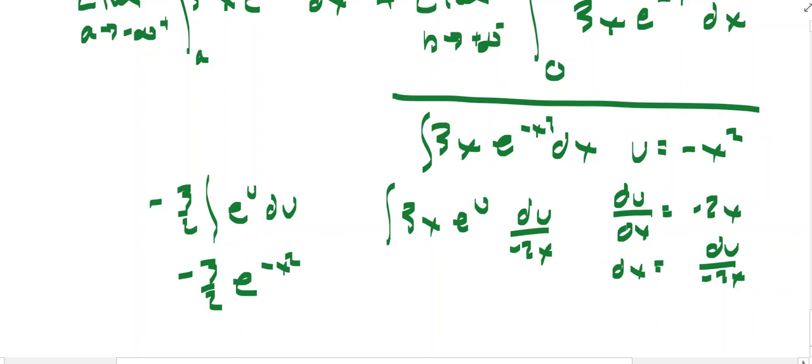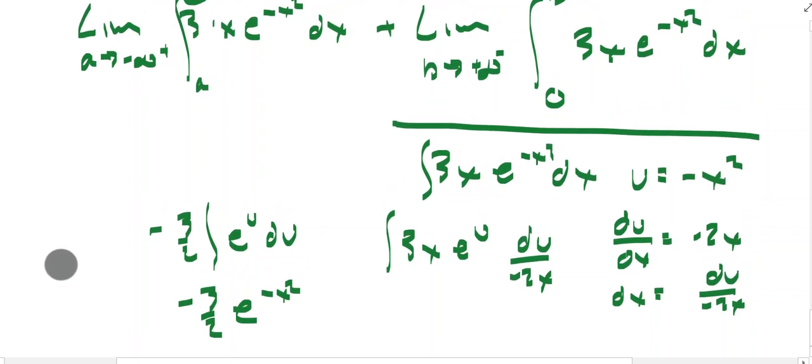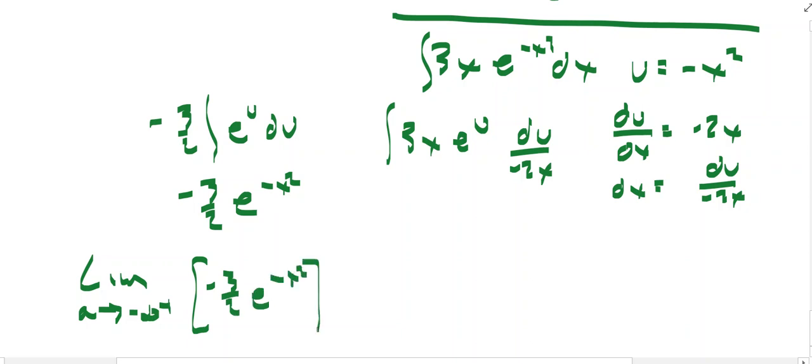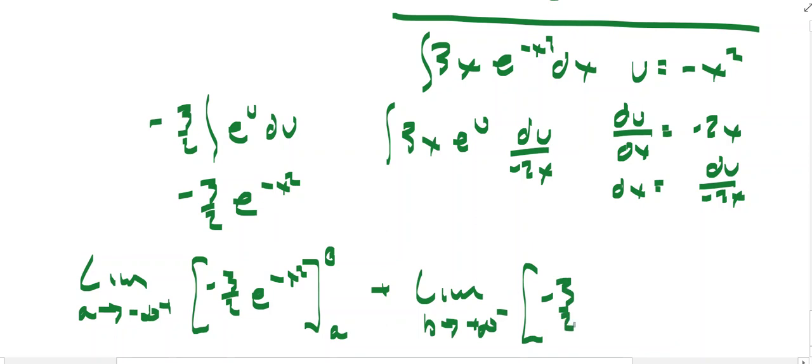Both of the integrals are going to be exactly the same. So now I can rewrite this as the limit as a approaches negative infinity from the right of negative 3/2 e to the negative x squared, evaluated from a to 0, plus the limit as b approaches positive infinity from the left of negative 3/2 e to the negative x squared, evaluated from 0 to b.